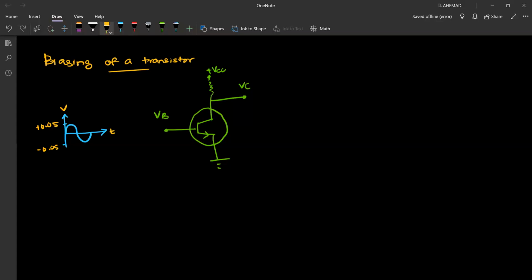We know if we apply this signal to this input, to VB, what can you tell about the IB current? For this VB, IB current is going to be 0, right? Because at least we should have 0.7 volts of supply. Then only there will be an IB current and therefore an IC current, and we will get a voltage at VC.